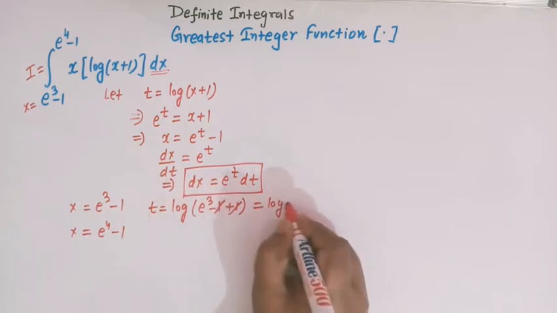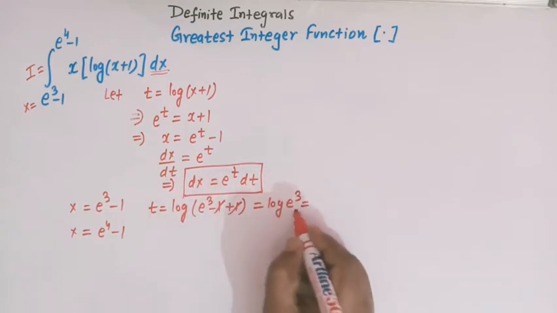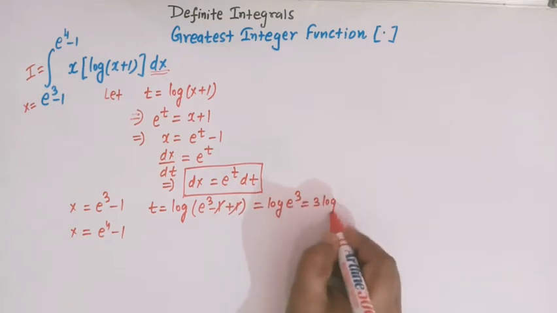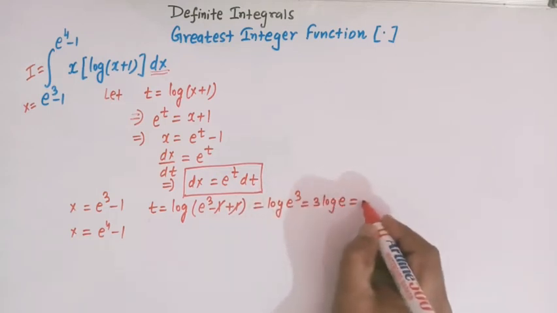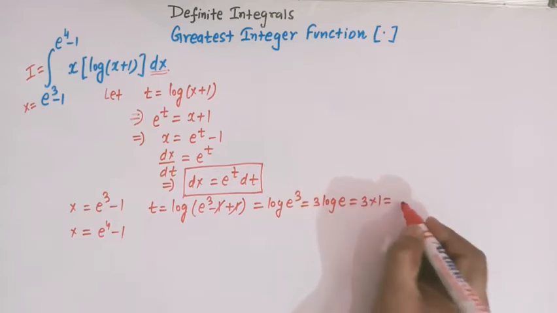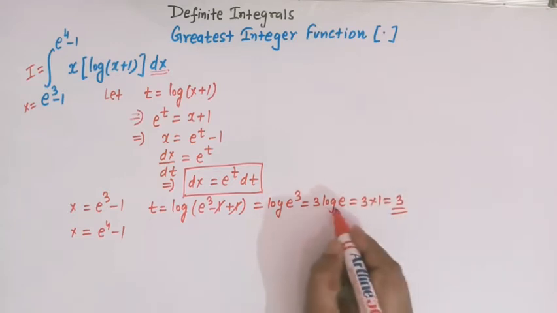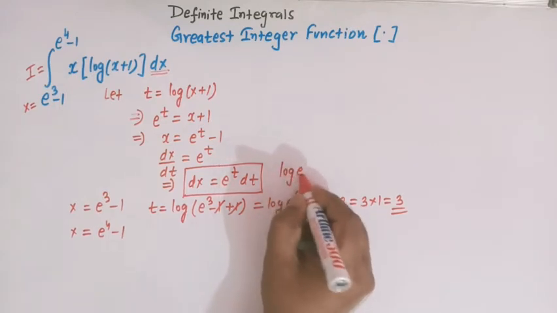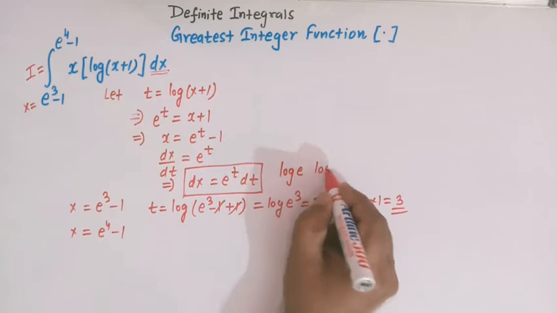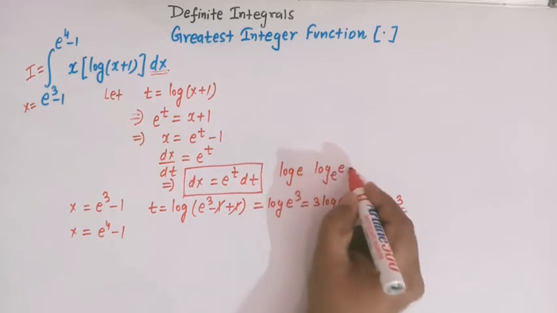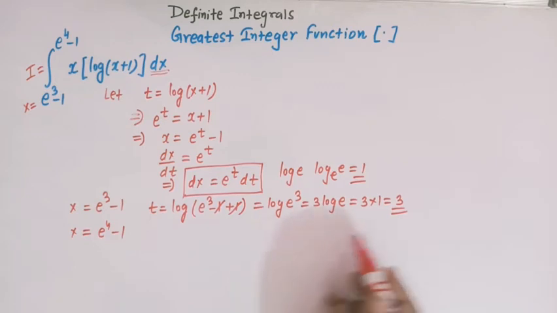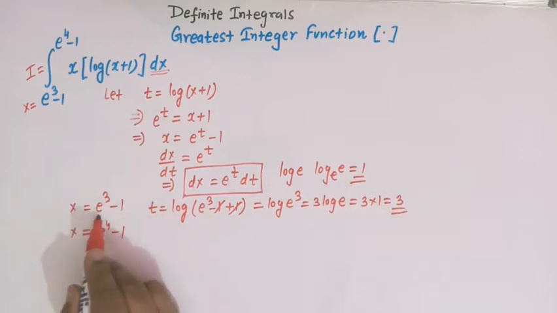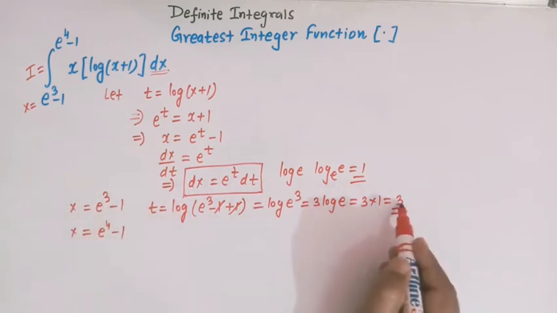So this is log of e cube, and log e cube is 3 times log e, and log e is 1. So we have 3 times 1 is equal to 3, right? So here we are assuming that the base of the logarithm is the exponential number e, because the log of e can also be written as log of e to the base e, that is 1, right? So here when x is e cube minus 1, t is 3, right?